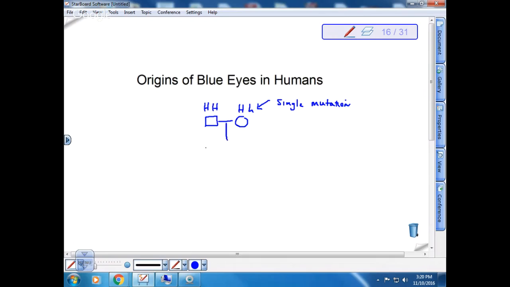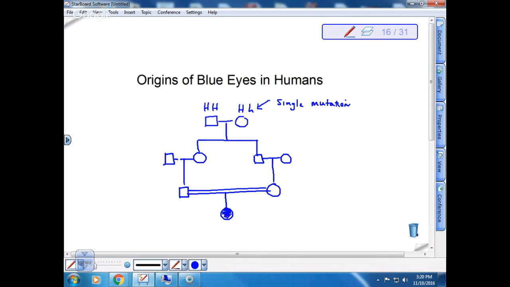And then we had people, and this is just a small pedigree, right? It could have been, I'm just going to do first cousins again. Okay. So that single mutation, way back when, right, was passed down.